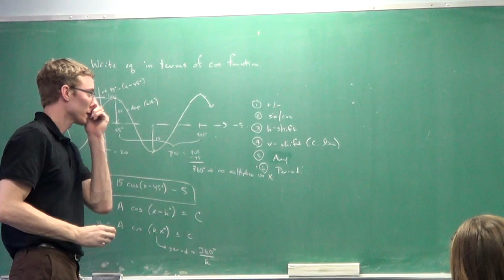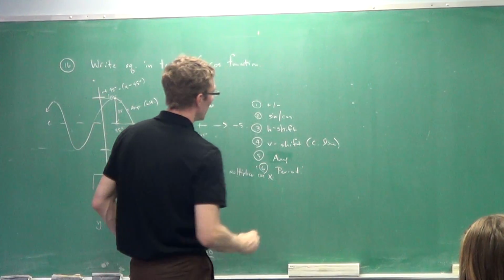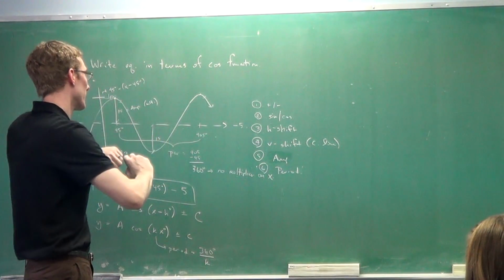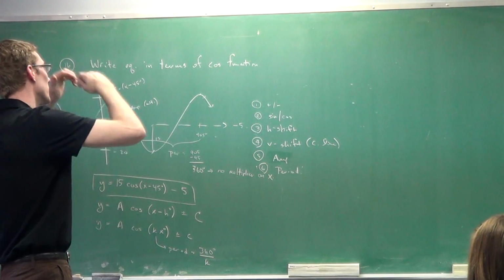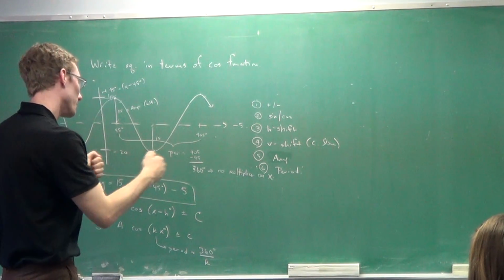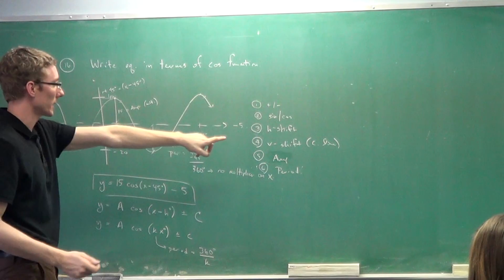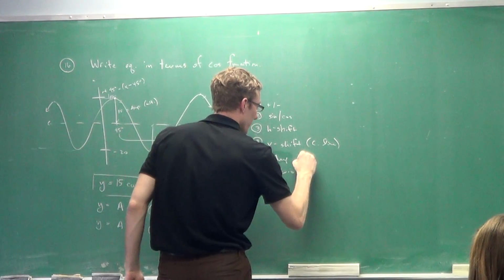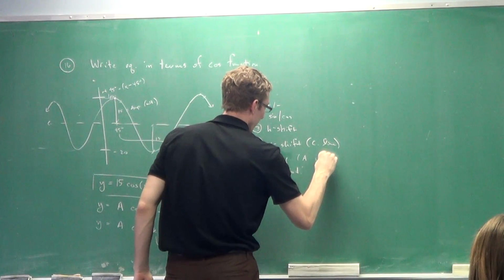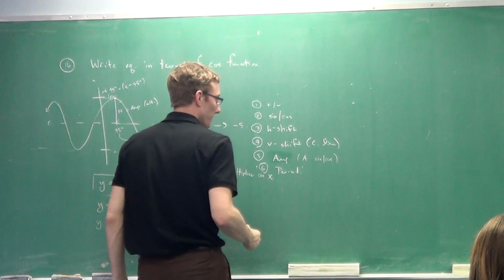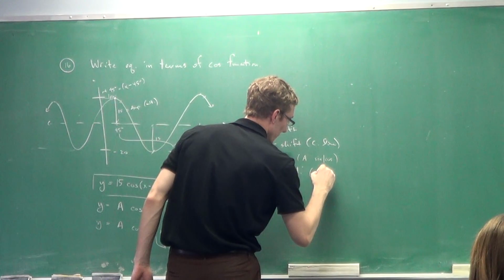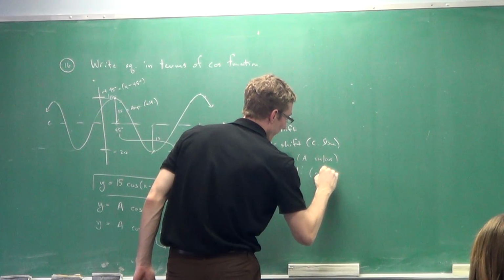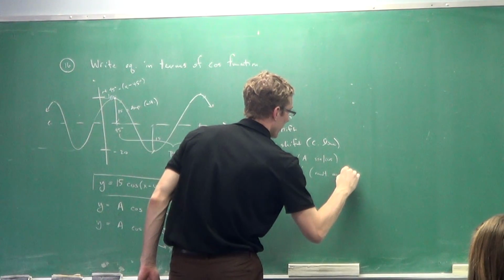Those are the characteristics. The graph is either positive or negative, sine or cosine. It could be horizontally shifted, vertically shifted, that's going to affect the center line, the vertical shift. The amplitude, how much it's stretched, this is the multiplier in front of the sine or the cosine. And the period is going to be the multiplier on the angle.